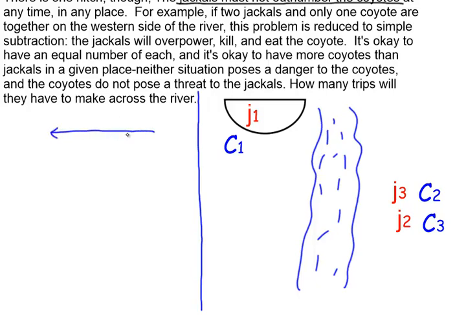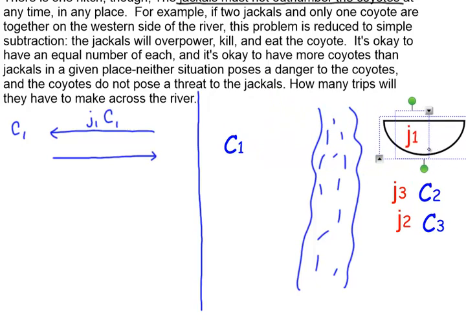I'm going to have a jackal and a coyote, and I'm going to drop the coyote off. And then I'm going to go back. Somebody has to steer the boat, so when I go back, jackal 1 goes back. So I'm going to write that jackal 1 goes back.